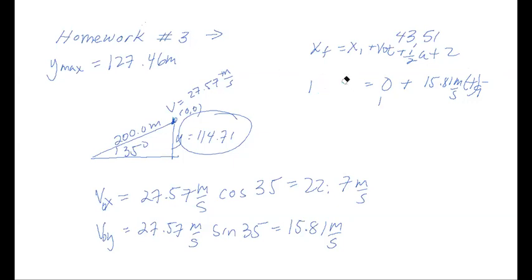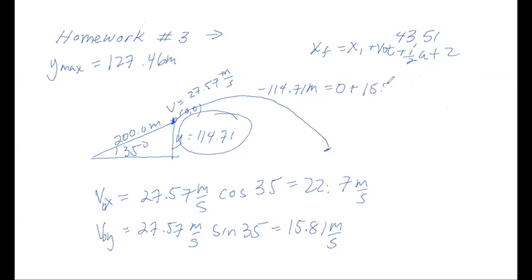Let me get all these little things out of my way. I'm going to use that y component. So once again, it's negative 114.71 meters, equals 0 plus v naught in the y direction, 15.81 meters per second times t, minus 1/2 times 9.8 meters per second squared times t squared.